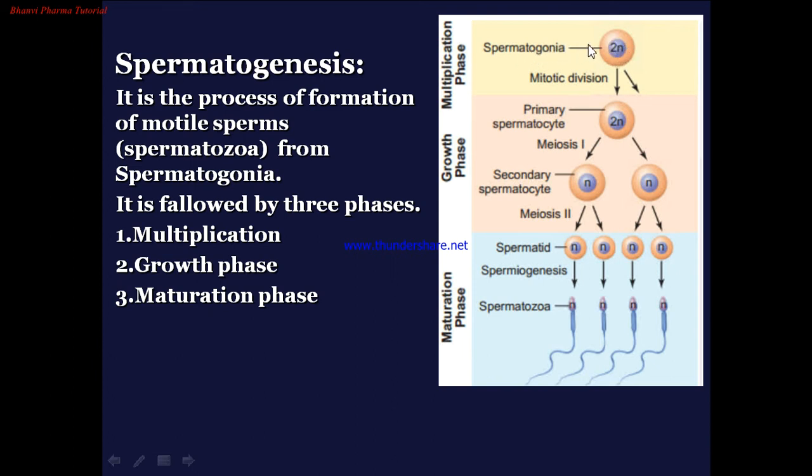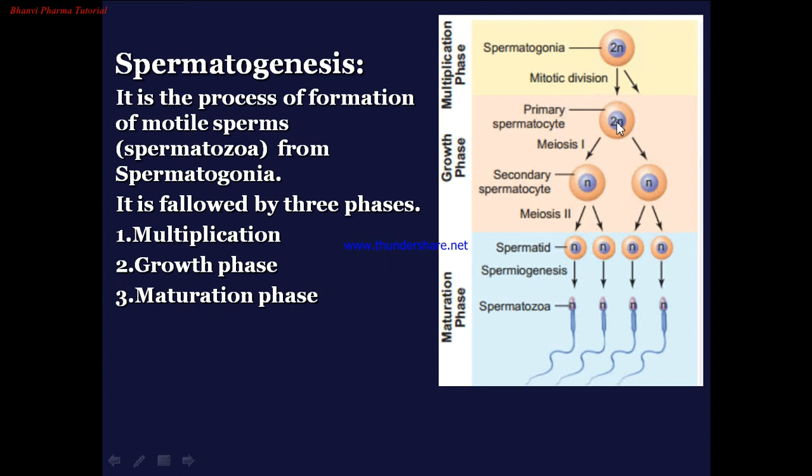The spermatogonia is converted into primary spermatocytes with the help of mitotic division. Primary spermatocytes are also diploid cells.